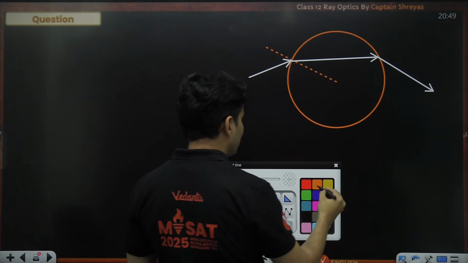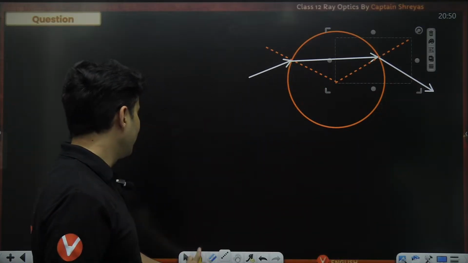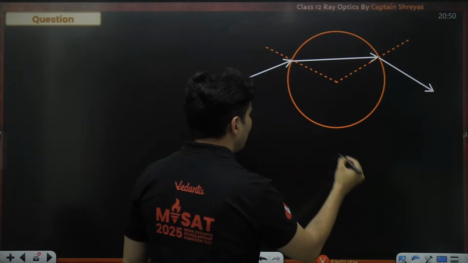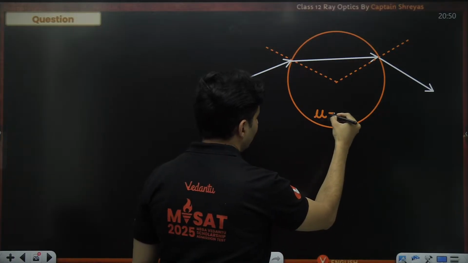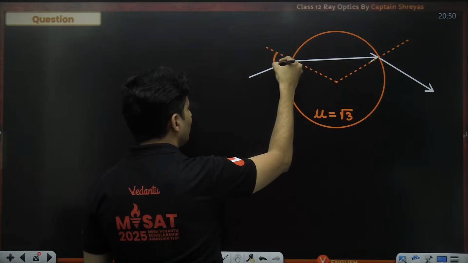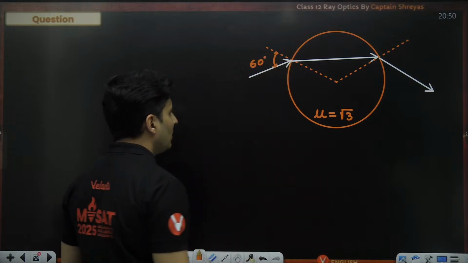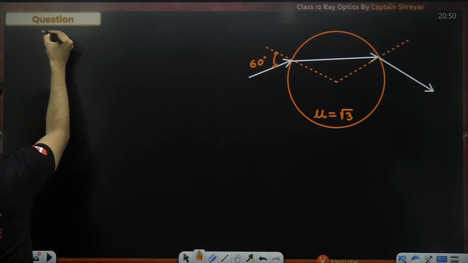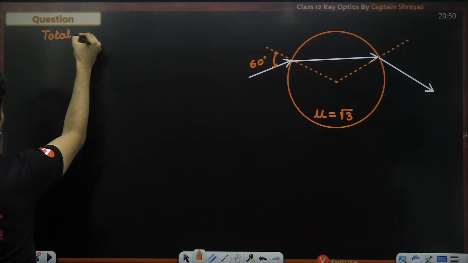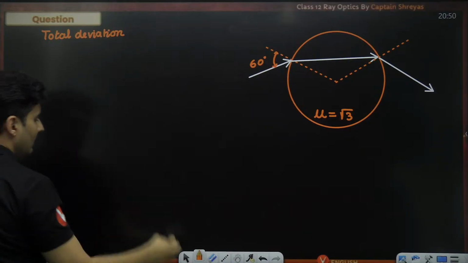Two refractions are happening. The refractive index of this medium is root 3, and this particular angle which you see over here is 60 degrees. Question is, find the total deviation.